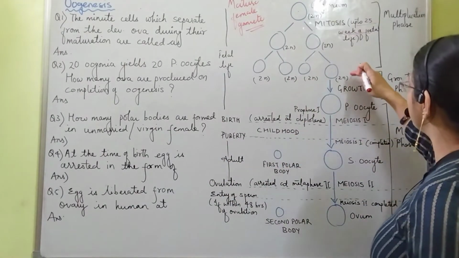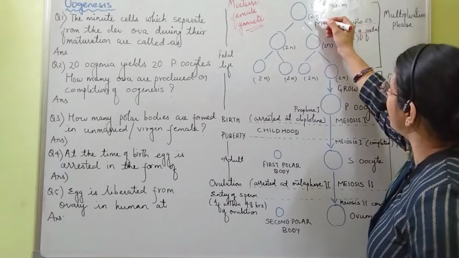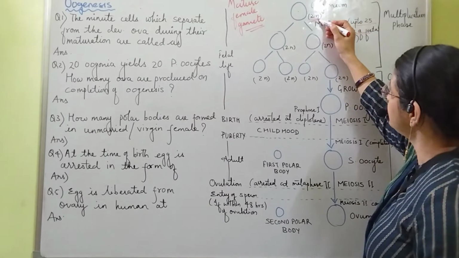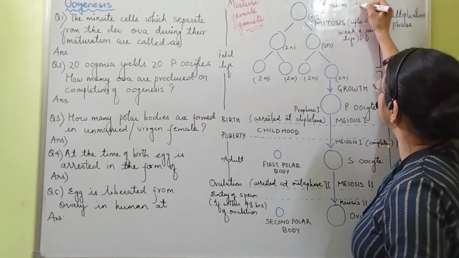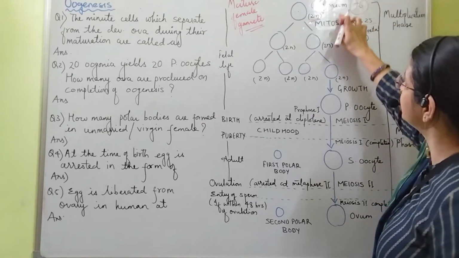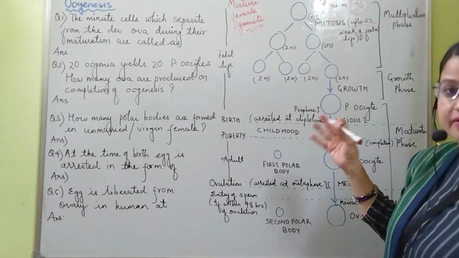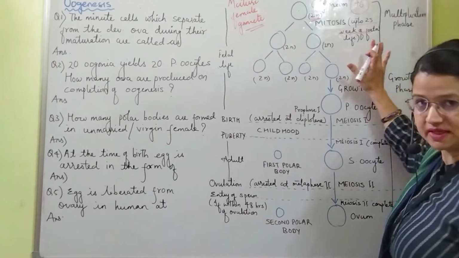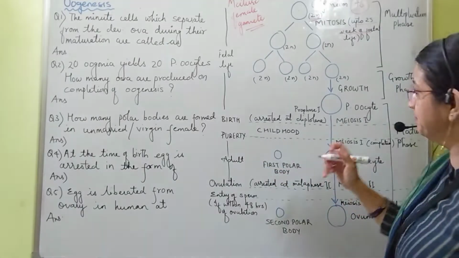These oogonia are diploid. Just remember, the oogonia are diploid. They have 46 chromosomes. They undergo mitosis and increase in number. This phase is known as the multiplication phase because they are increasing in number.